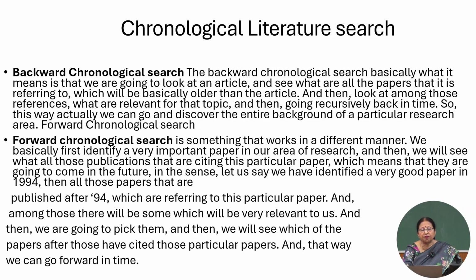Then all those papers published after 1994 which are referring to this paper, among those there will be some which are very relevant to us. We pick them, and then we see which papers after those have cited them. That way we can go forward in time.